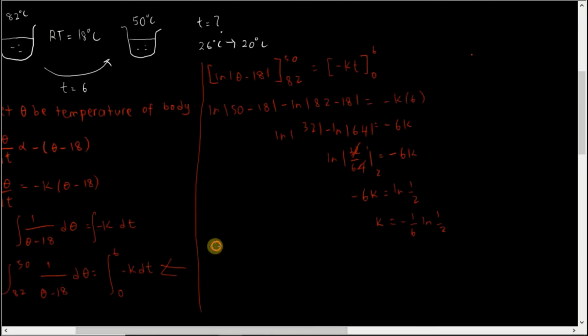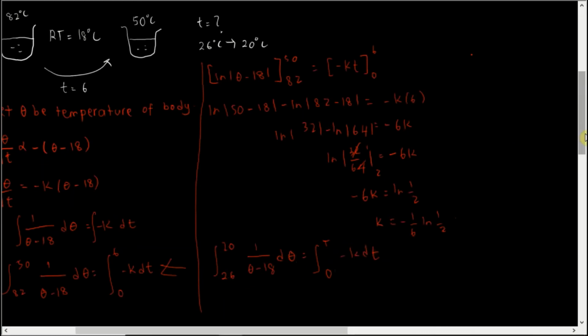So if I write that, it's going to be from 26 to 20, 1 over theta minus 18 d theta equals to, from 0 until t, let me put t to represent the time taken, negative k dt.